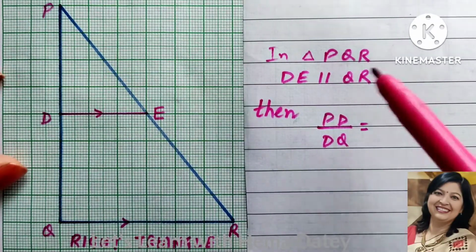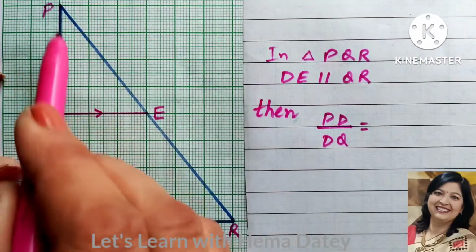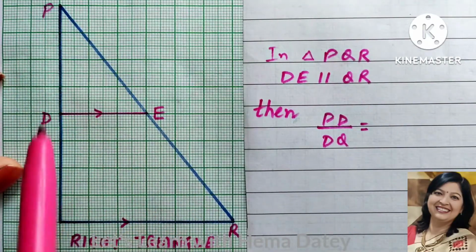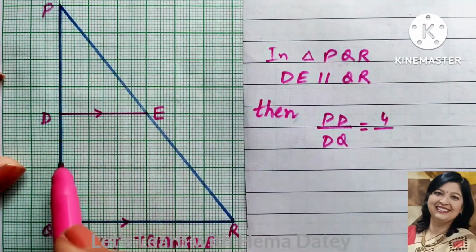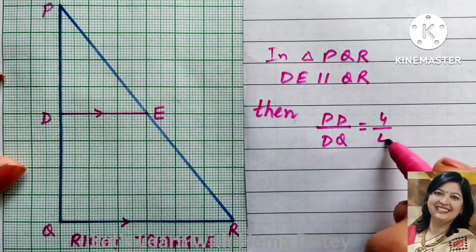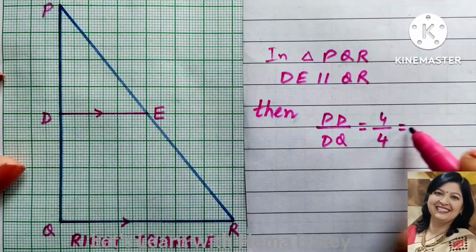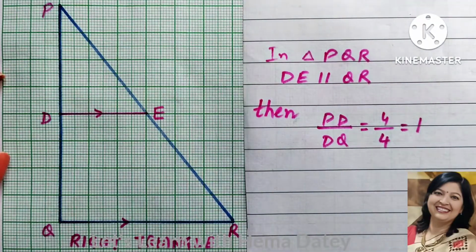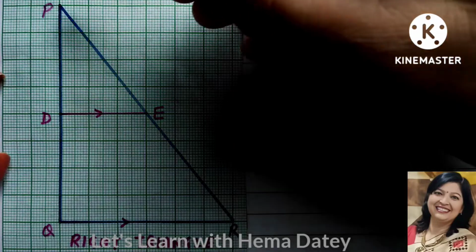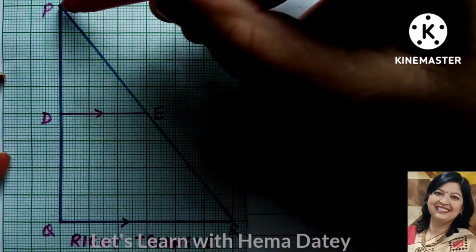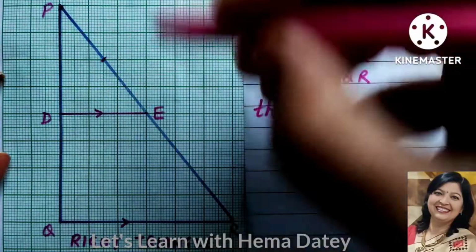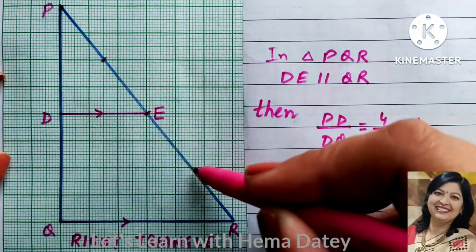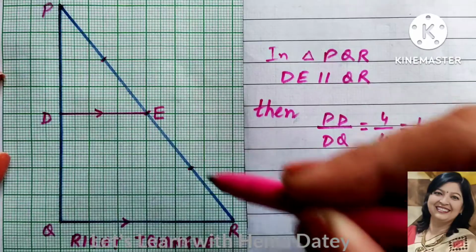let's find their ratio. Here PD is 4 units and DQ is also 4 units. So their ratio is 1. Let's calculate ratio of PE and ER. This is the midpoint of PE and this is the midpoint of ER.